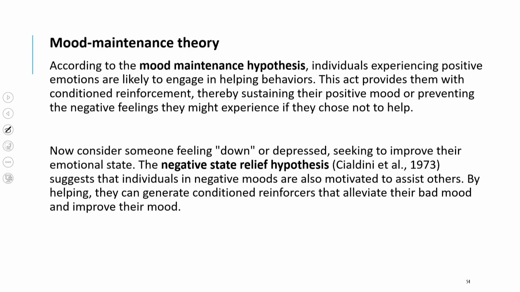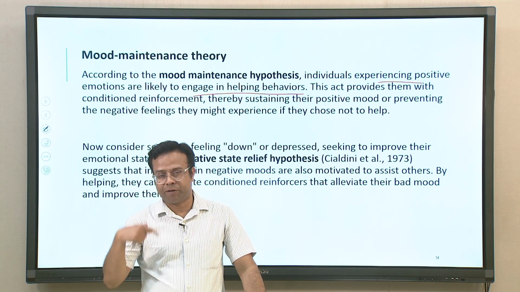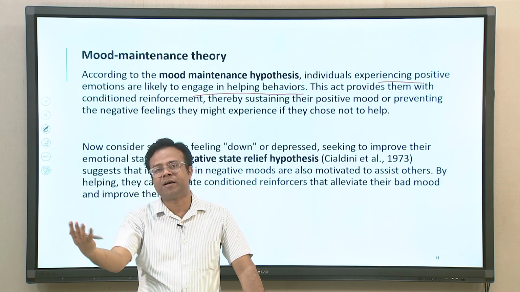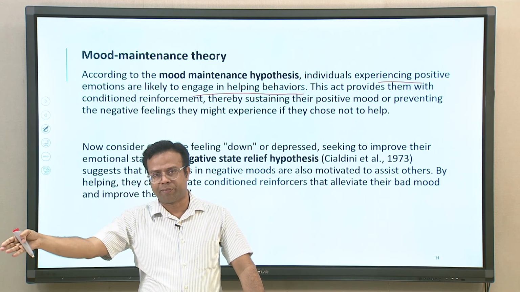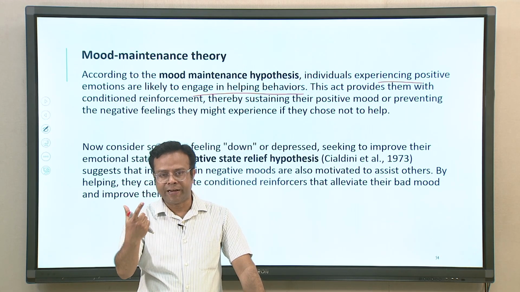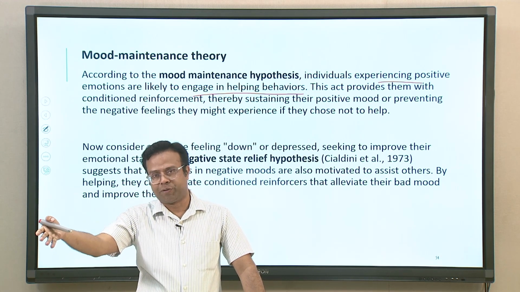Mood maintenance theory. According to this theory or hypothesis, individuals experiencing positive emotions are likely to engage in helping behaviors. The negative state relief model shows that people who are in a negative emotional state are also many times motivated to engage in prosocial behavior to remove that negative emotional state. Here it is saying that individuals experiencing even positive emotion can also engage in prosocial behavior.